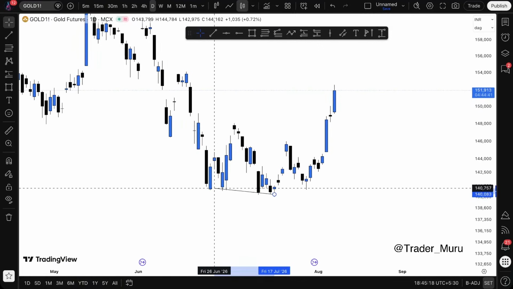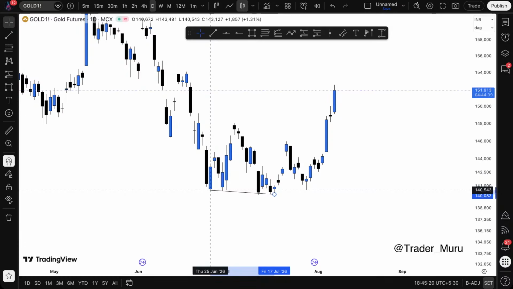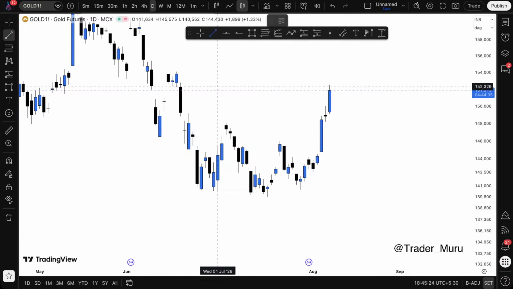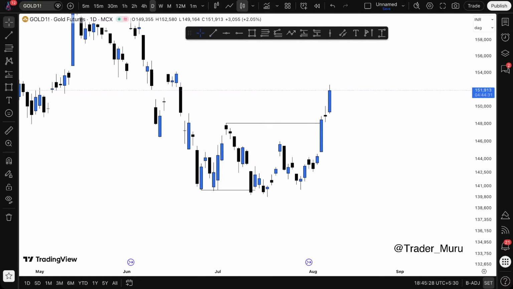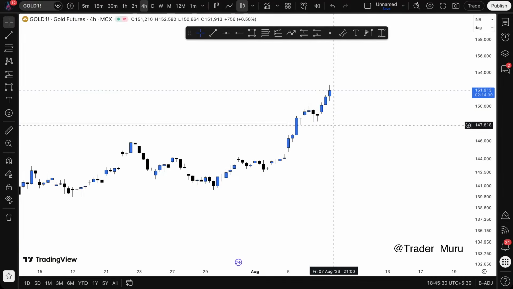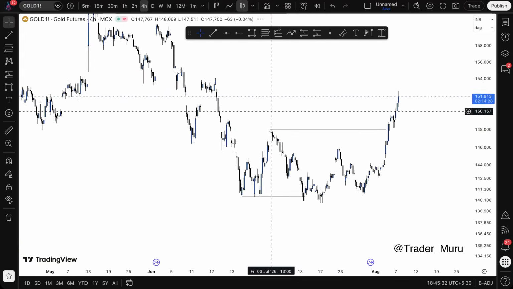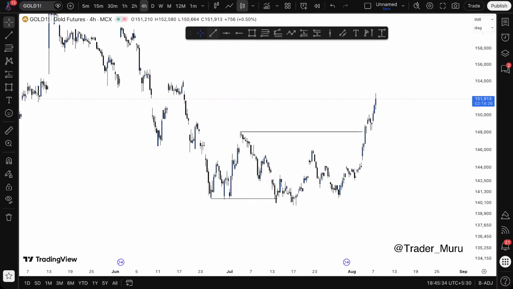Why I don't like MCX is because of this: no clear price action. Because of this gap, you cannot predict it directly. It is bullish.